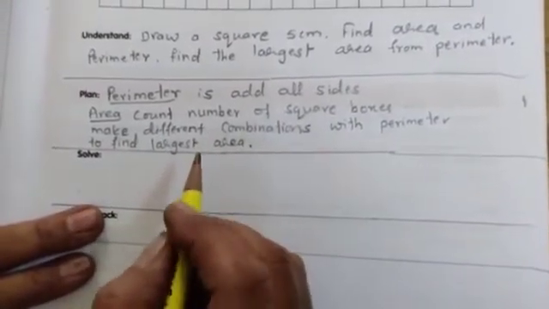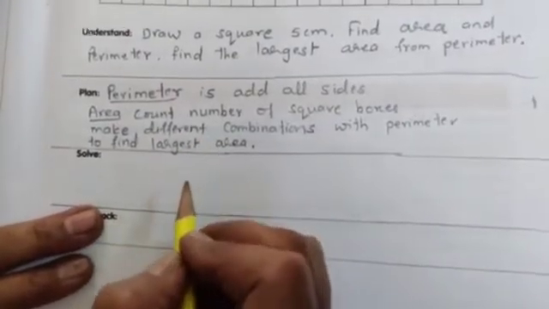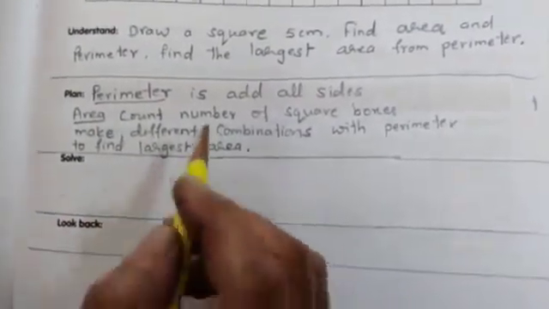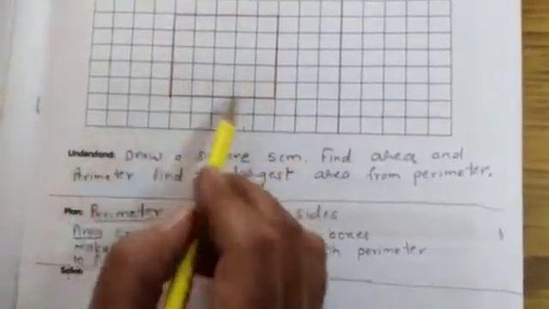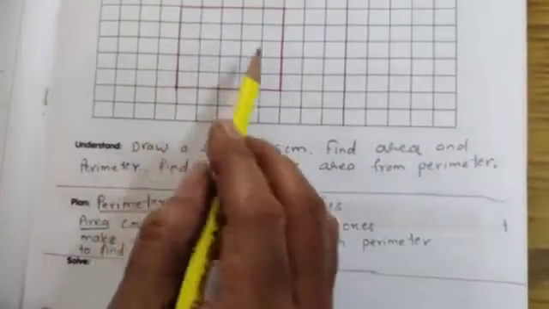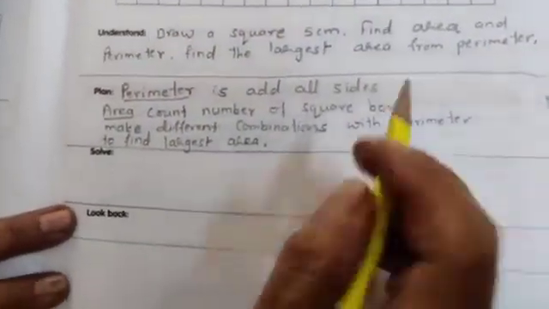See children, in the example I showed on the board, we made different combinations with the 16. Now here the perimeter is 20. So with the 20 perimeter you have to first make different combinations of area.